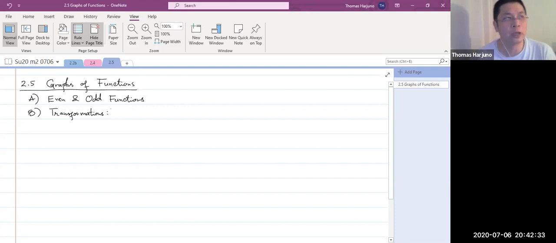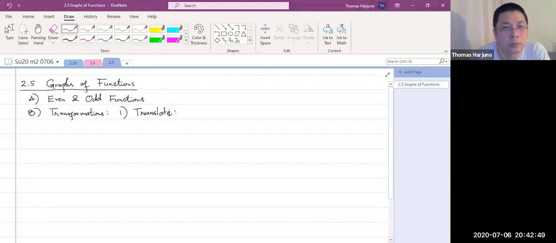Transformations, there are actually 4 types of transformations. The first one is translation. We move the graph to the left or to the right. Maybe I say that's a left-right translation, up-down. And then the second one is reflection. We reflect with respect to the x-axis, y-axis, or origin.